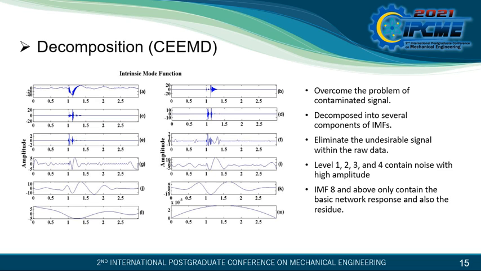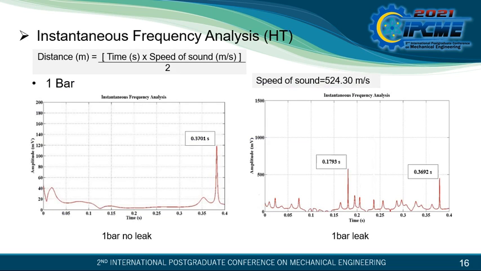Basically, levels 1, 2, 3, and 4 of the IMF components only contain noise with high amplitude. Meanwhile, level 8 and above only contain the basic response and a residue. So we will concern only on IMF levels 5, 6, and 7, where the true signal lies. The selected signal will undergo instantaneous frequency analysis using the Hilbert Transform.